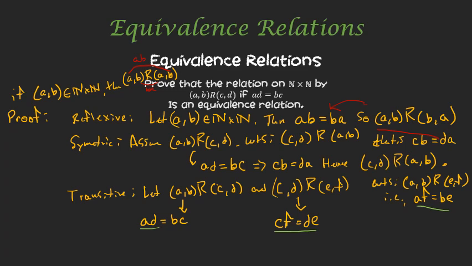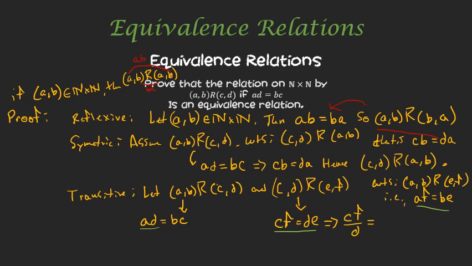So CF equal to DE, well, that implies that CF over D is equal to E. I wanted to go the other way with that.